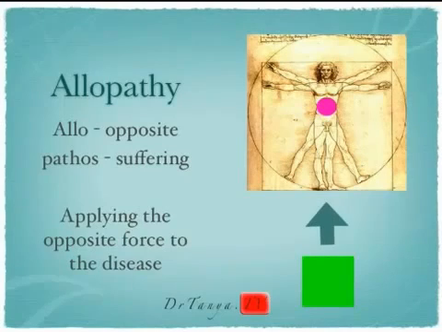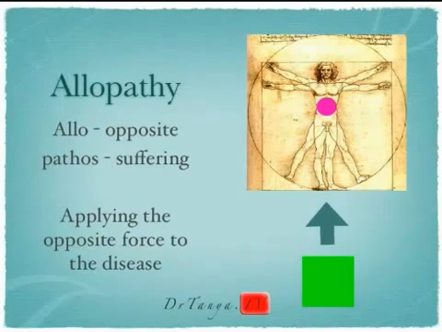He had much better results than his contemporaries, in part because he focused on prognosis, or what to expect and how to make somebody better, rather than focusing on diagnosis, what it is exactly, a name for it, and of course the modes of coming across a diagnosis at that time were much more crude than they are today. So he's the first one to say that like cures like. This is, in homeopathy, known as the law of similars.